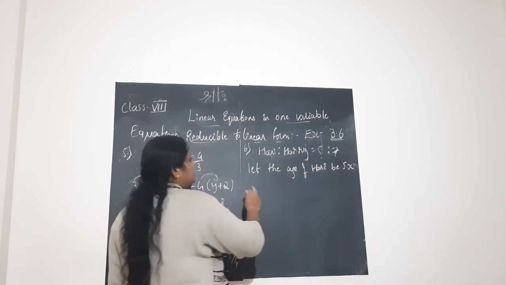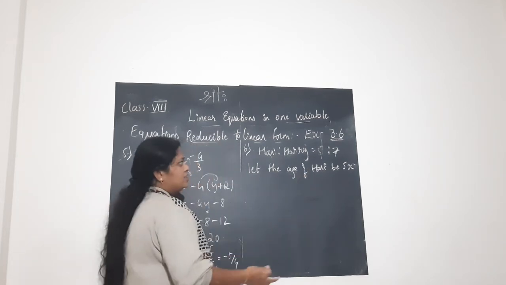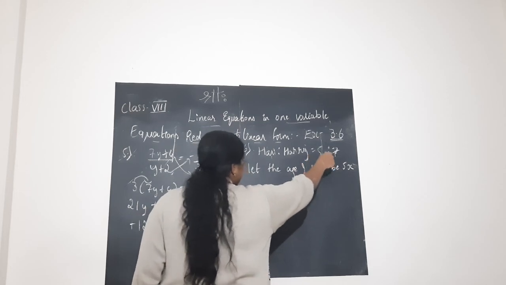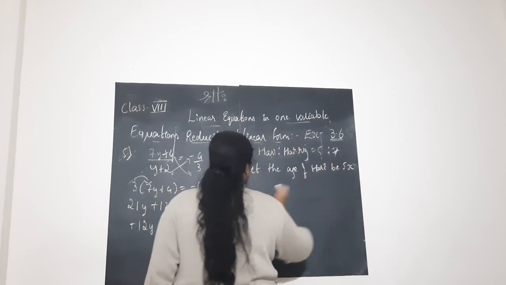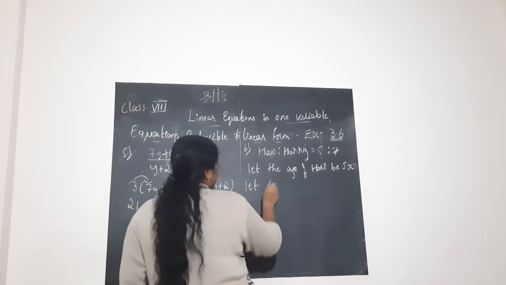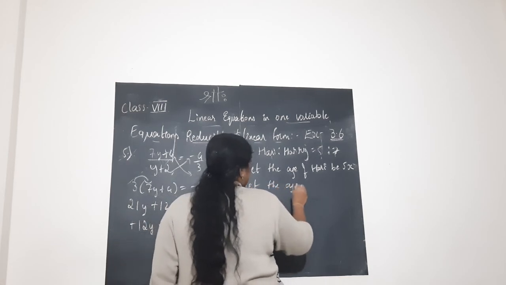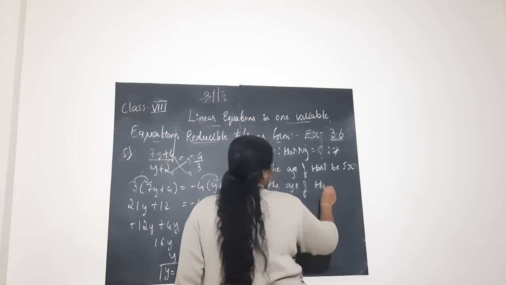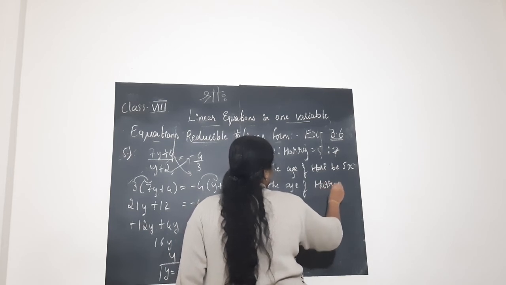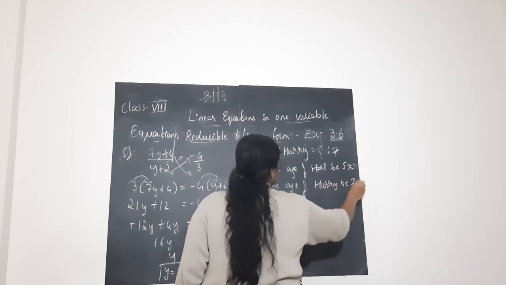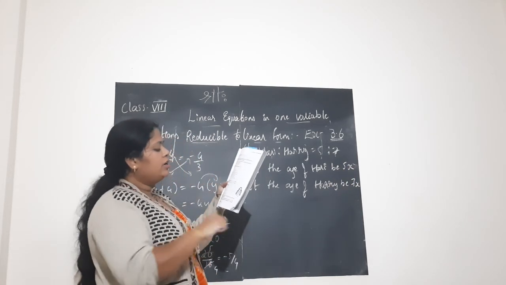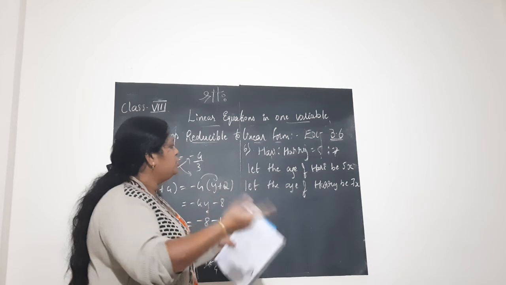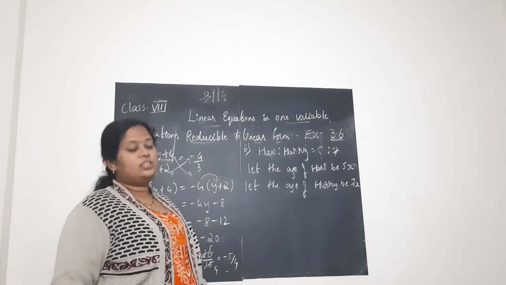So we don't know their age, so we are considering the age to be x. Since they have given ratio 5:7, Hari gets 5, Harry gets 7, so let the age of Hari be 5x and let the age of Harry be 7x. Next they are telling that 4 years from now the ratio of their ages will be 3:4.